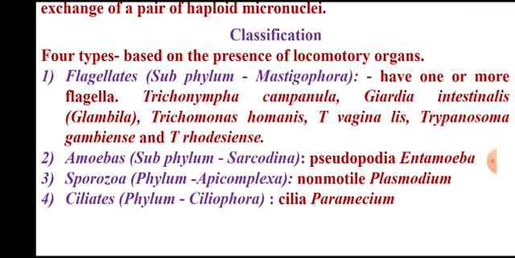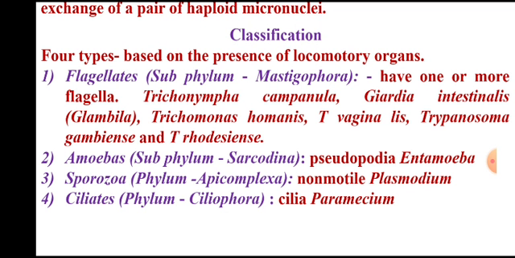Examples are Trichonympha campanula, Giardia intestinalis or Giardia lamblia, Trichomonas hominis, Trichomonas vaginalis, Trypanosoma gambiense, and Trypanosoma rhodesiense. These are the examples of flagellates.